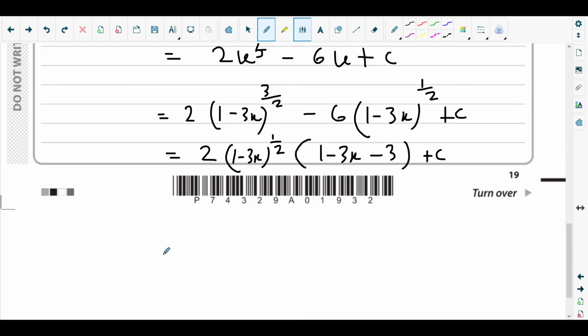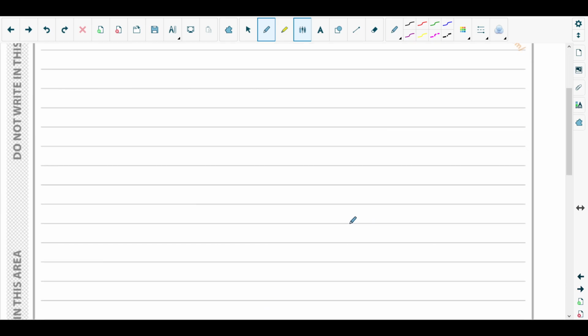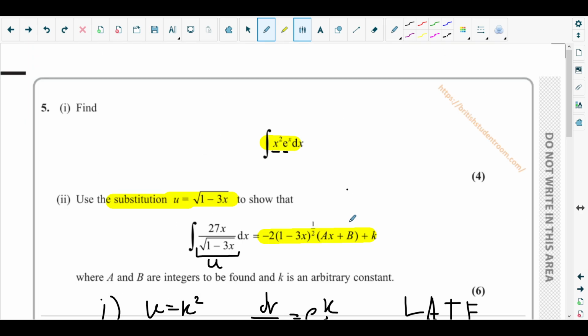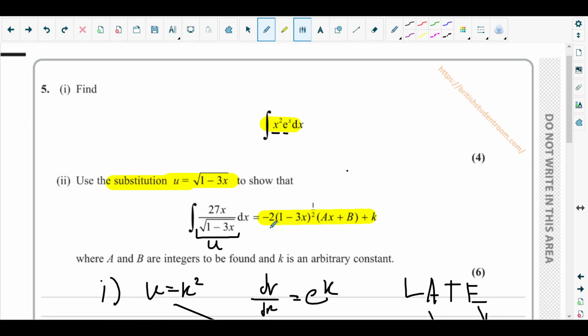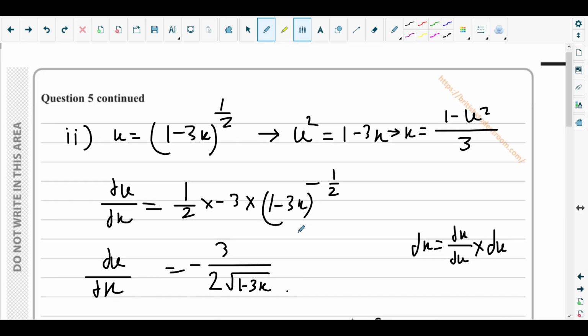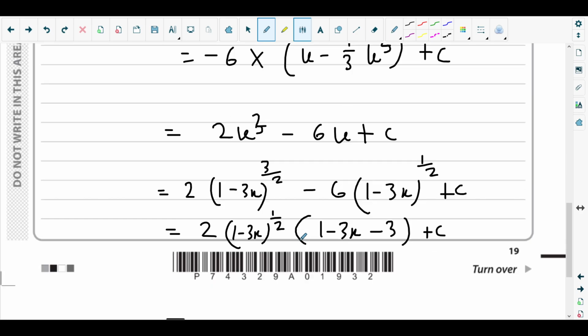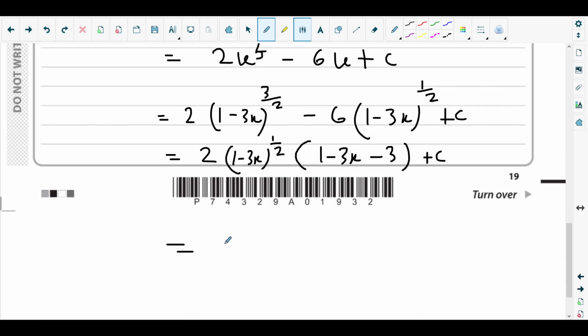Now what do we need to do? I think they took negative 2 also common. So that means we need to take the negative outside the bracket. Yeah, they took negative 2. Okay, so let's take negative 2 outside the bracket. So negative 2 times 1 minus thrice x to the power half.